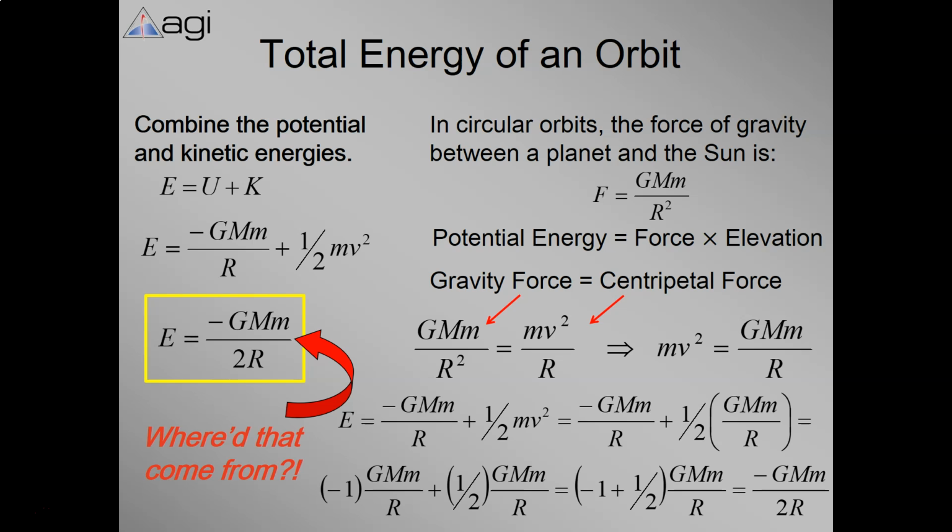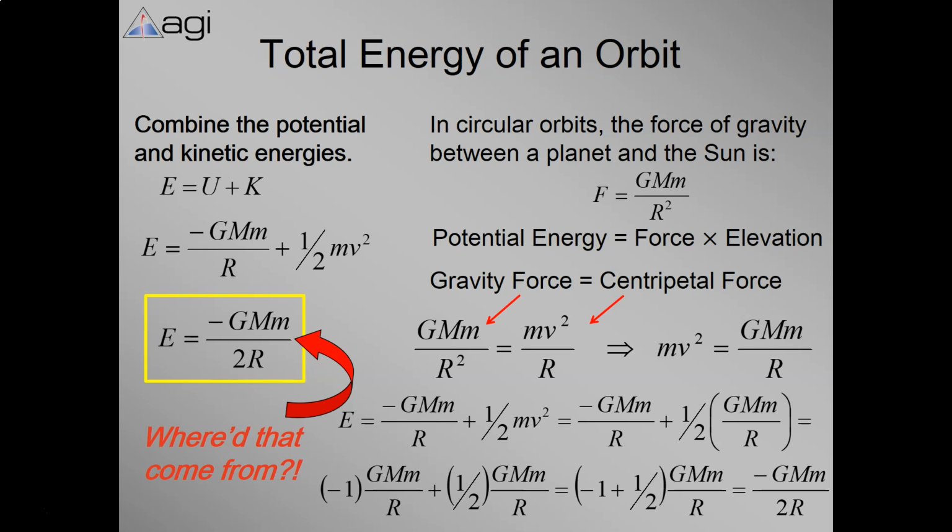We have E as being U plus K, our potential plus kinetic energy. And if we set those equations up right, we see that mv squared is also equal to GMm over r from our connection between the gravity force and the centripetal force.